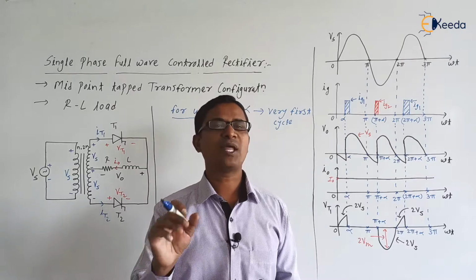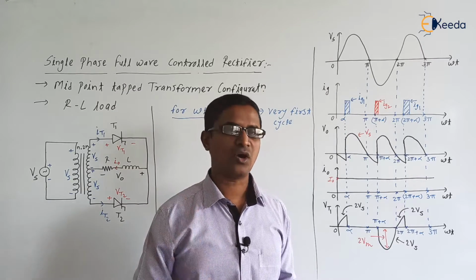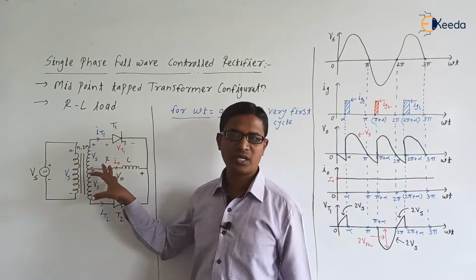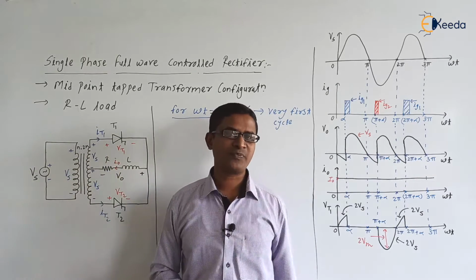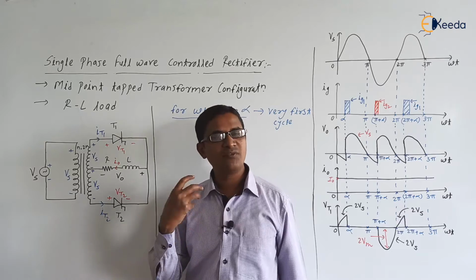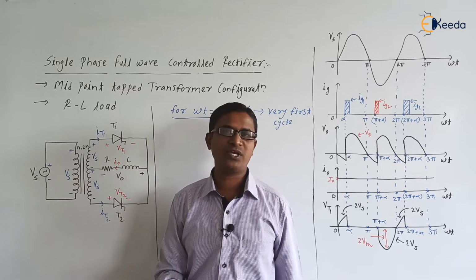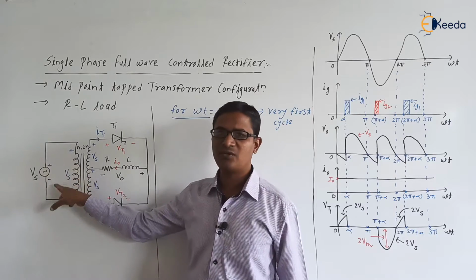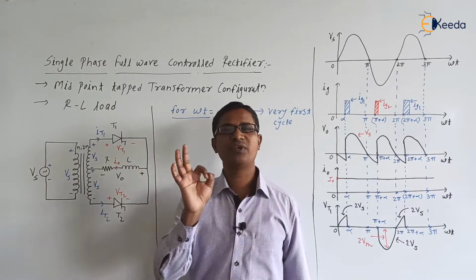Means when the supply voltage is applied to the circuit, or to the primary winding of the transformer, at that time the cycle that is generated or passing through is nothing but your very first cycle.